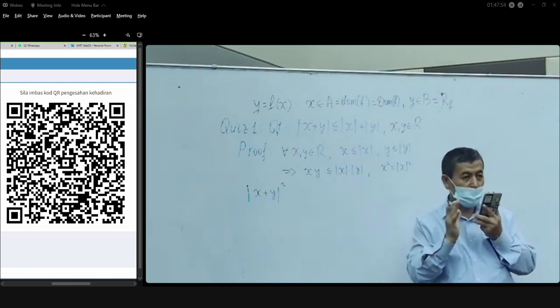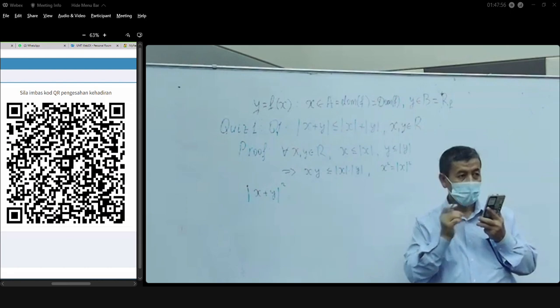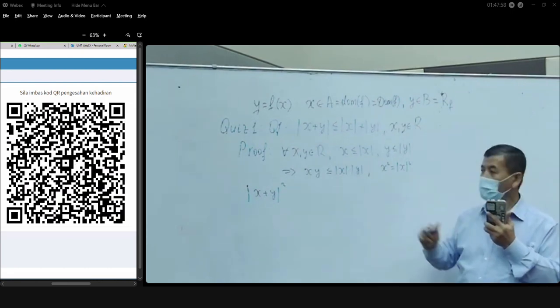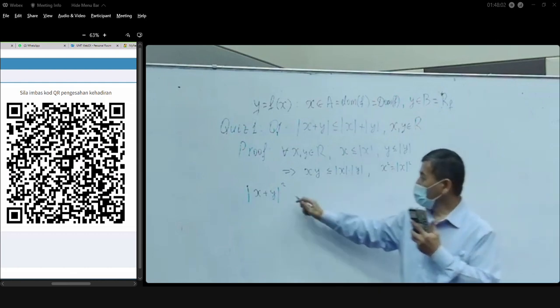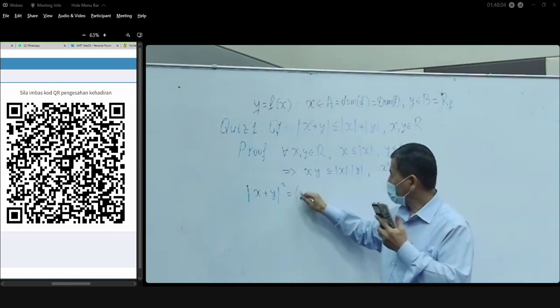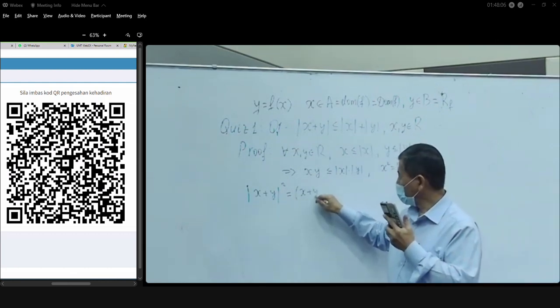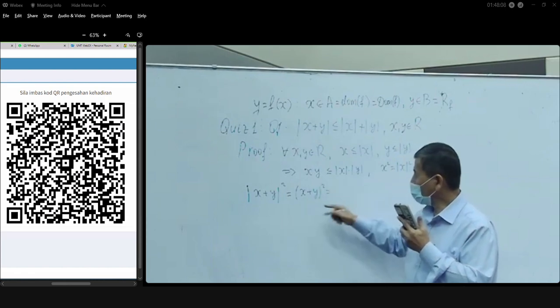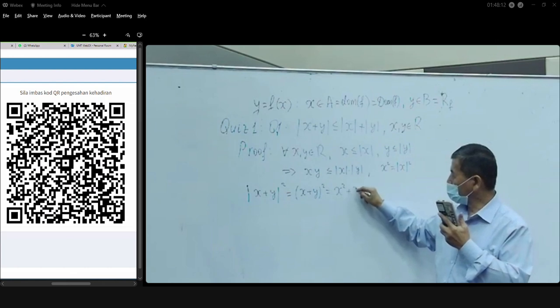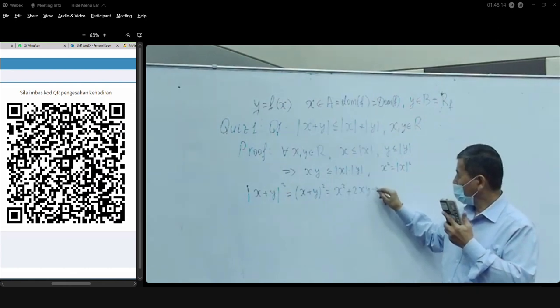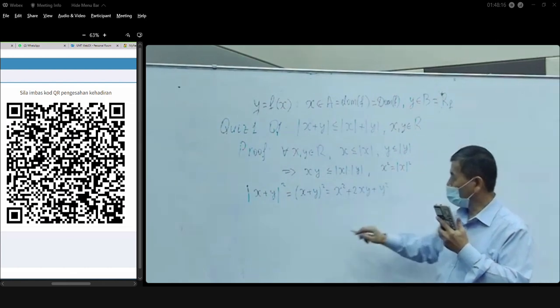When squaring, equality holds; without squaring, we have inequality. So (x plus y) square equals, by the formula, x square plus 2xy plus y square.